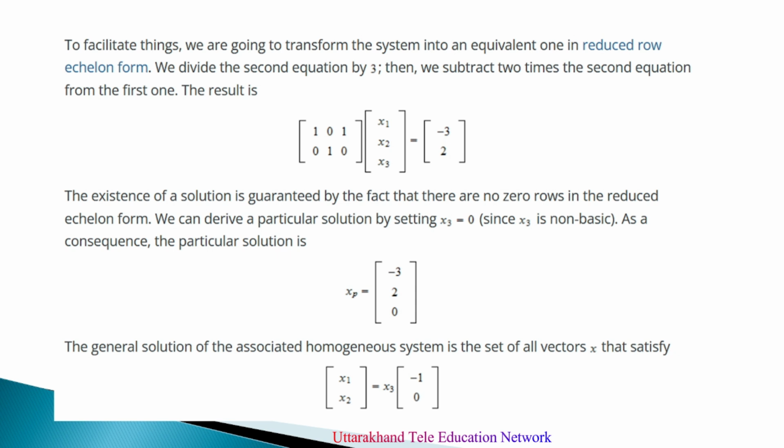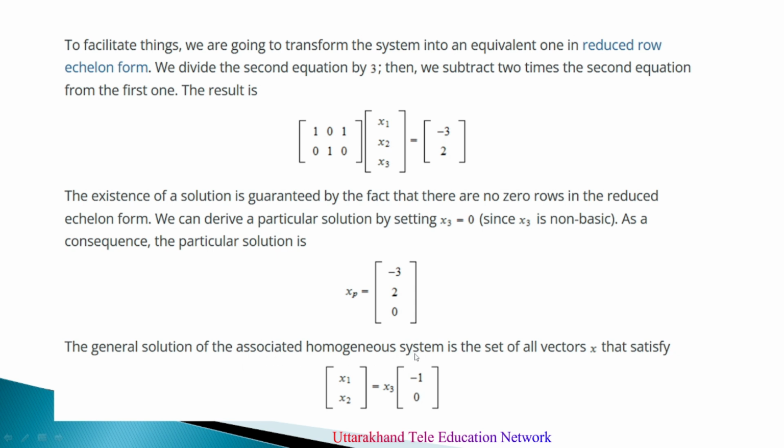That we have to find the particular solution of a non-homogeneous equation, because the topic is the solution of a non-homogeneous equation, and the right-hand side is not equal to 0. So it's quite easy to find a particular solution by assigning non-basic variables 0, and then find the general solution of the associated homogeneous system.